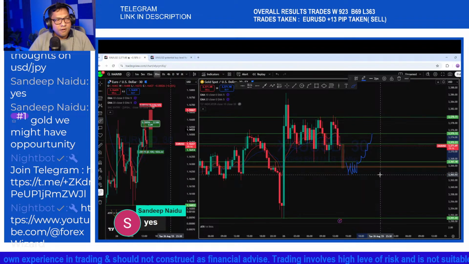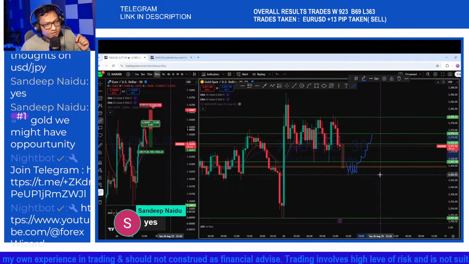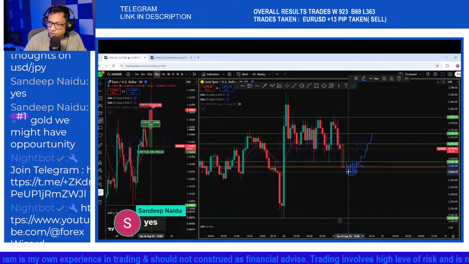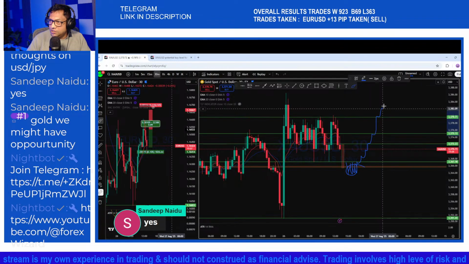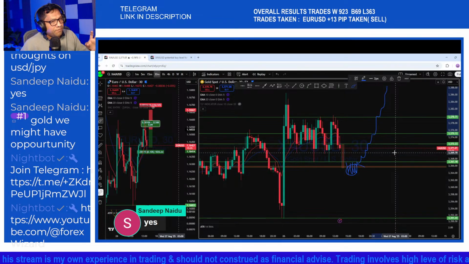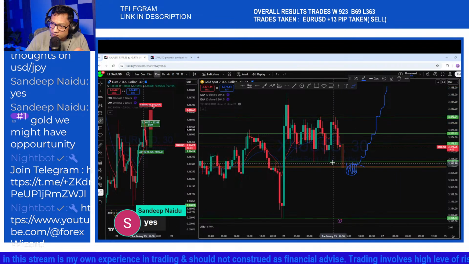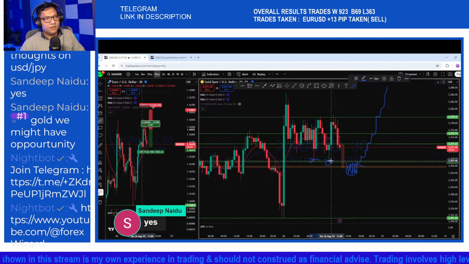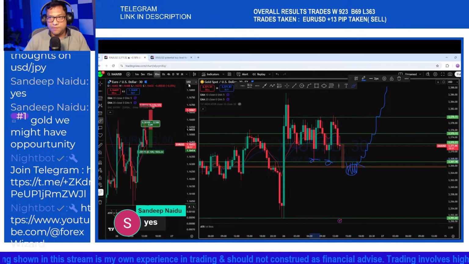That's where the big move starts. Order block, liquidity grab, and then you see the market will go like that. But when the market is forming this kind of long wick, it tends to come back again.